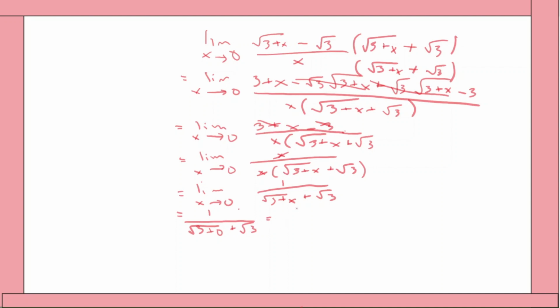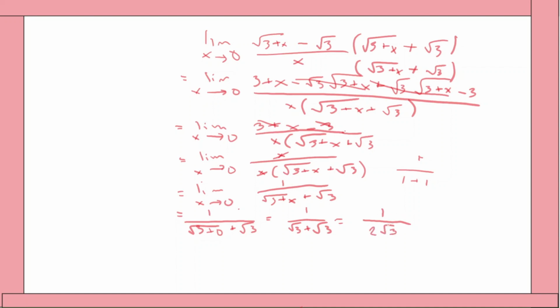And of course, the 0 just makes this a 1 over root 3 plus root 3. But just like all numbers, let's say you had 1 plus 1. Would you leave this as just 1 plus 1 in your answer? You wouldn't. You'd want to put these together. So just like how this equals 2, this would equal 2 root 3.